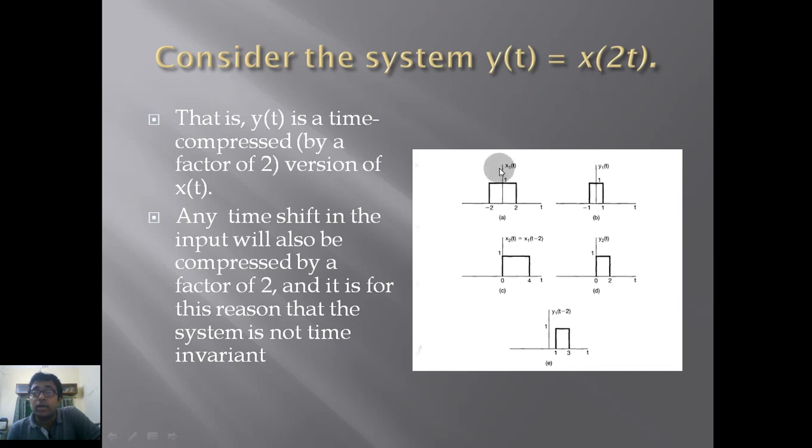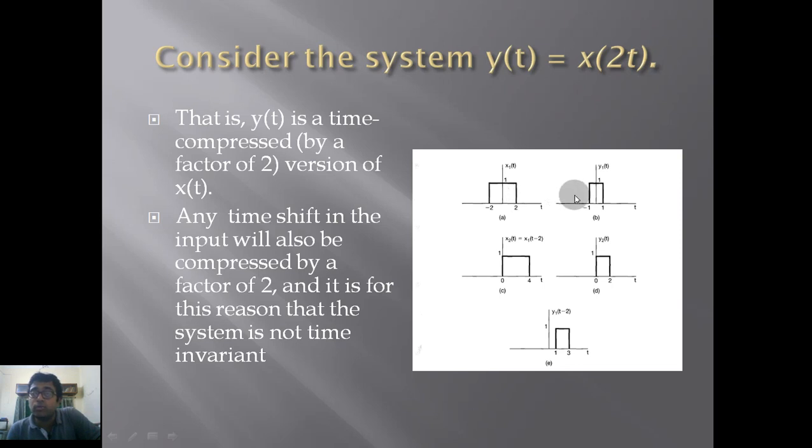It means if we scale down this function, we will get this signal as an output. This is the function x(t), where x(t) is equal to 1 when t is between -2 and 2. Now if we apply time scaling to this signal, what will happen?